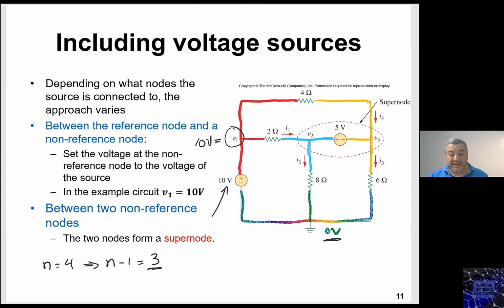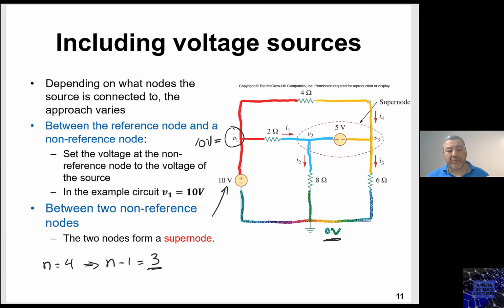So the existence of a voltage source connected to one of the variables, with its second terminal connected to the ground, which is 0 and given to me, made the voltage at that node known.